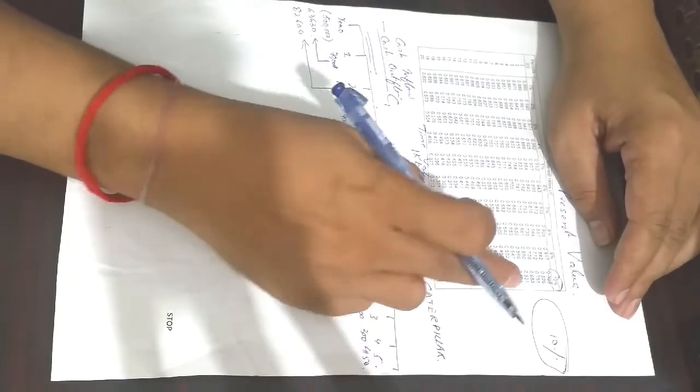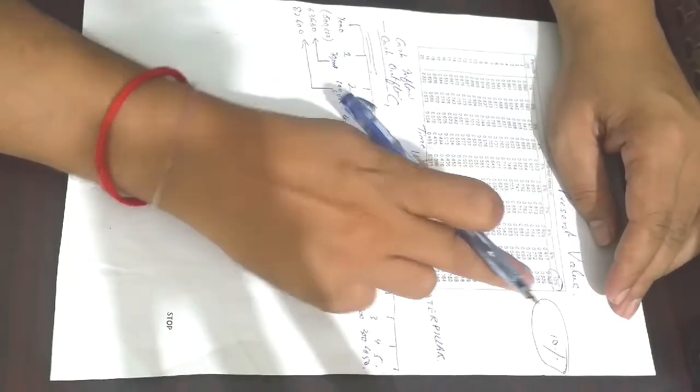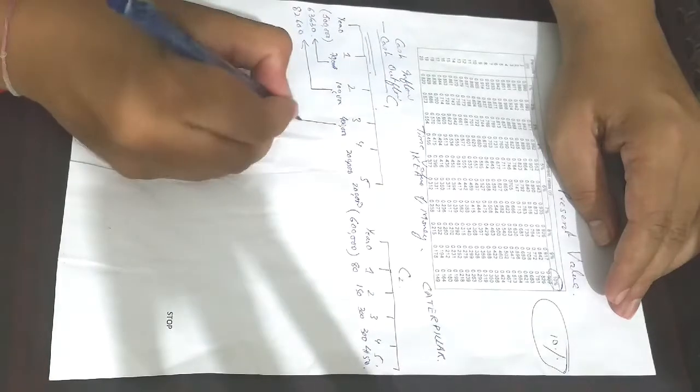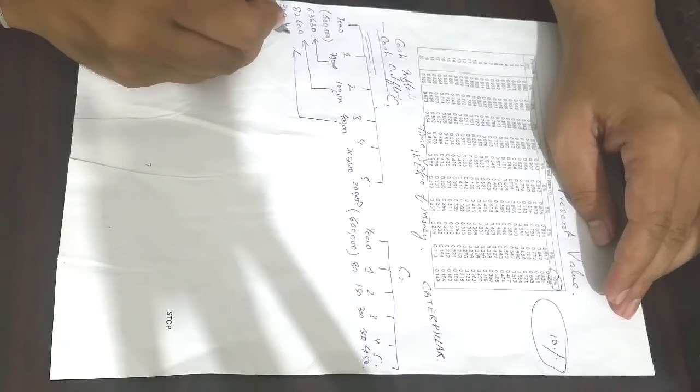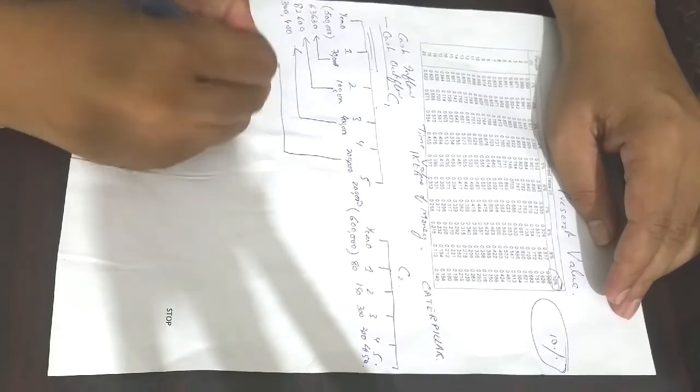Likewise, 400,000 multiplied by 0.751, which is here, and this gives 300,400.